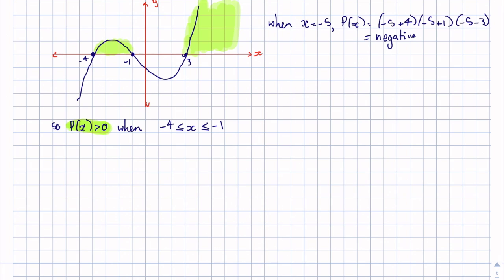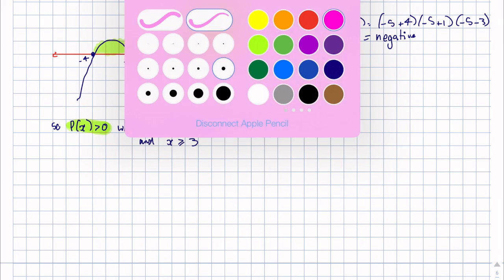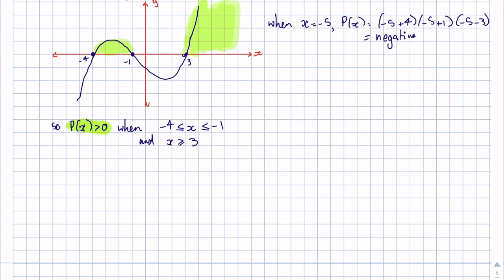So when it's between negative 4 and negative 1, and when x is greater than or equal to 3. Now, I had greater than or equal to for each of these, but in the question it just said greater than. So yoink and yoink. That's question 7.